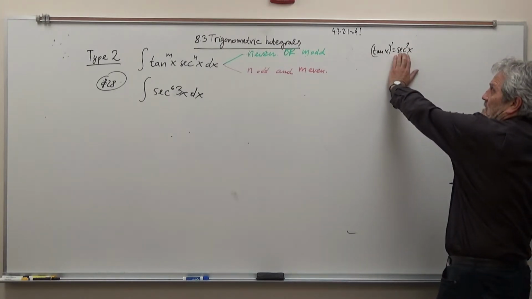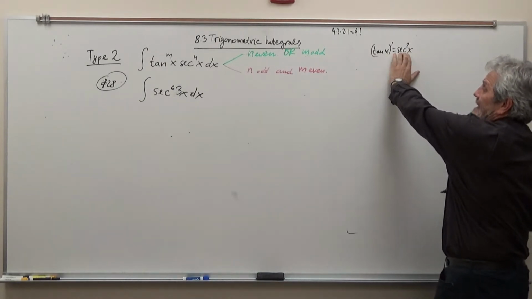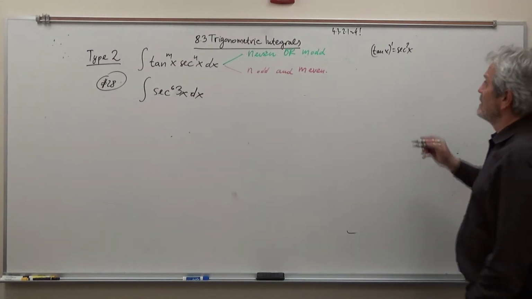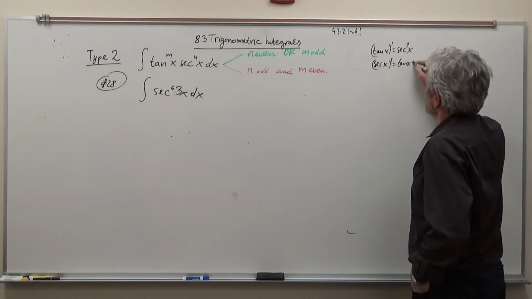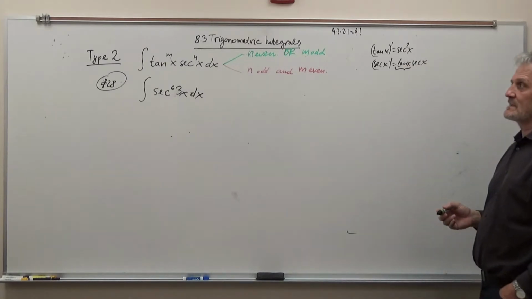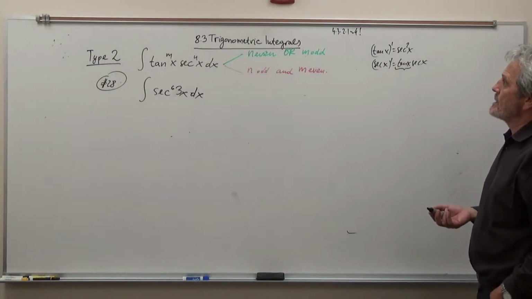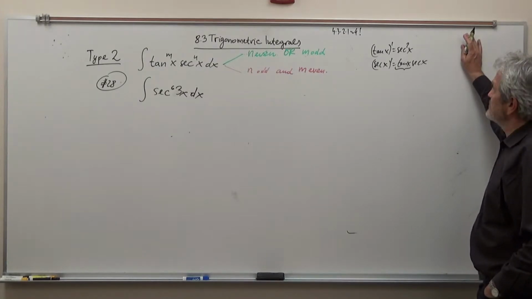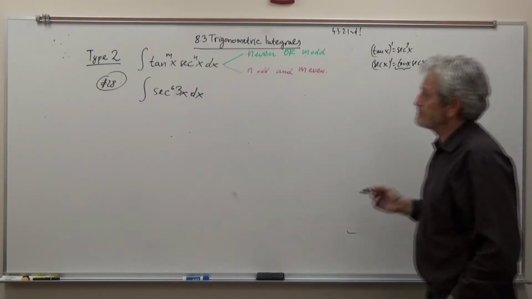So you want two secants for the derivative ready and an even number left over. That's why secants need to be even. And then the derivative of secant x is tan x secant x, and that's why you need that extra tan x, and then the leftover tans to be even. So that's the reason why they now behave differently.